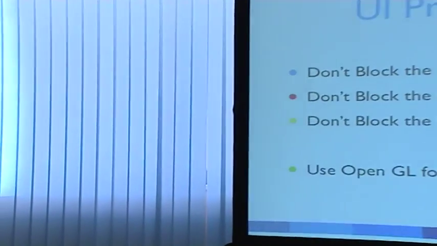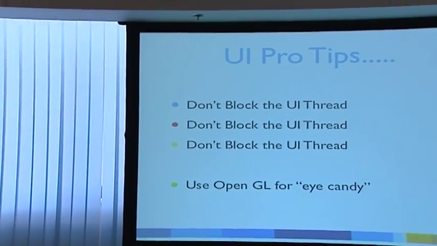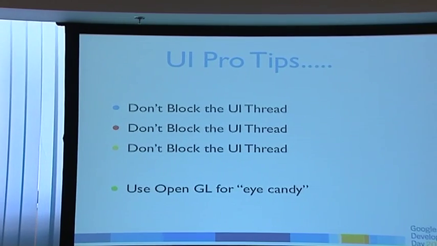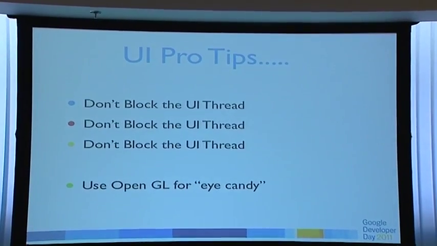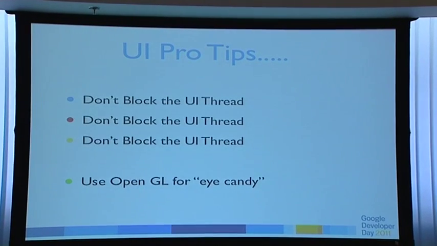And lastly, if you want to do some really cool stuff, actually use OpenGL. The best applications that I've seen for Google TV so far use OpenGL for things like transitions, things like just moving stuff around. Yes, we have all the regular Android mechanisms for doing this, but on Google TV, one of the requirements was that it has to be a very low-cost consumer device.